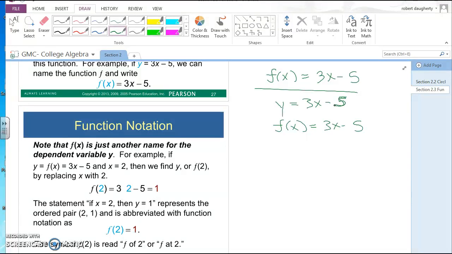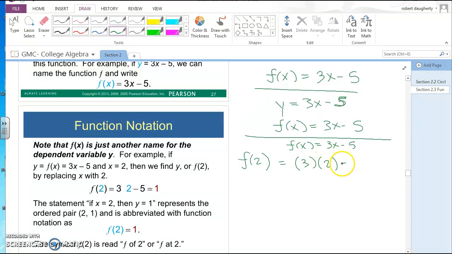So how do we find things like, what is f of 2? Okay, that means I want you to substitute a 2 in for x. So if f of x is 3x minus 5, then f of 2 is 3 times 2 minus 5. That's 6 minus 5, which is 1.